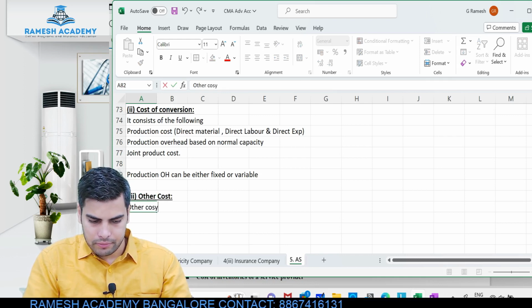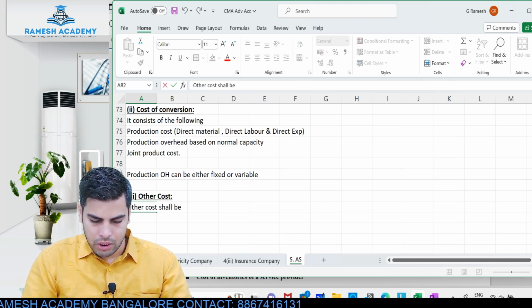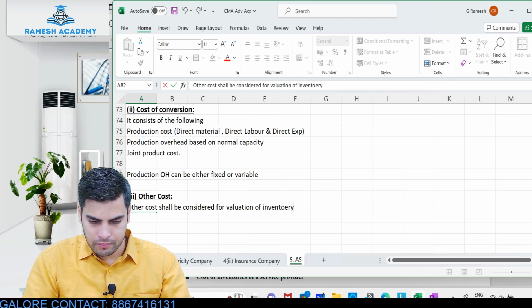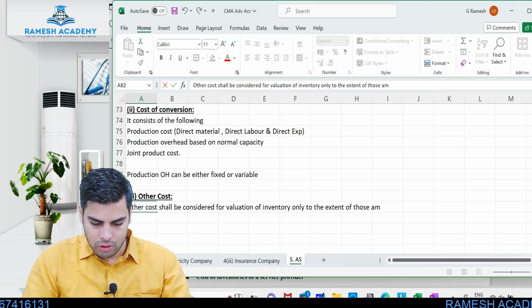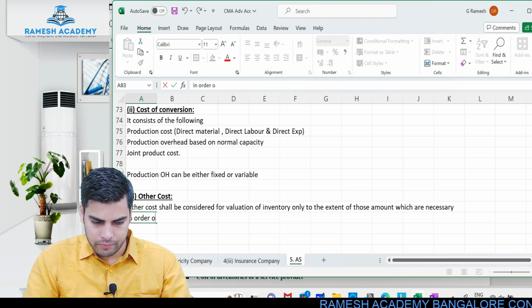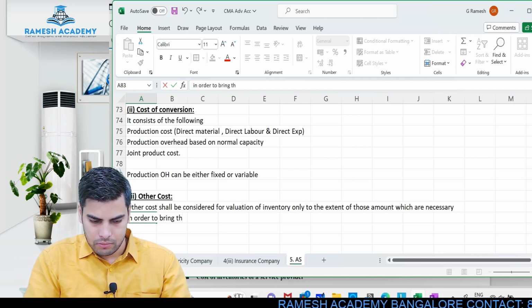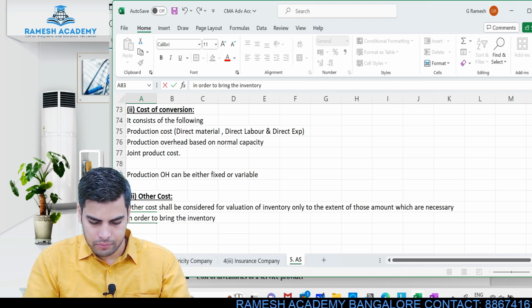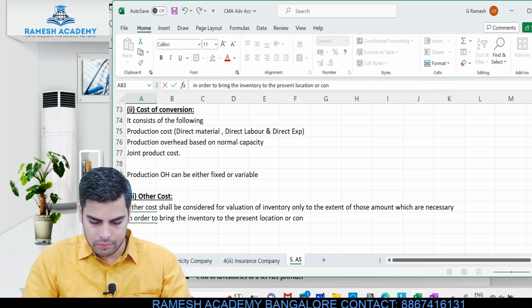Other cost shall be considered for valuation of inventory only to the extent of those amounts which are necessary in order to bring the inventory to the present location or condition.